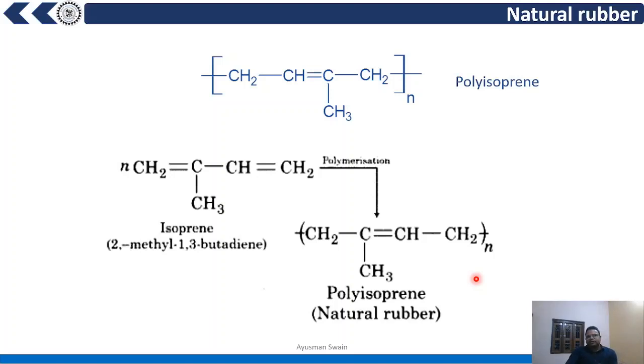Now, natural rubber. Polyisoprene is a natural rubber where the monomer unit is isoprene, 2-methyl-1,3-butadiene. If you polymerize it, it will become polyisoprene.